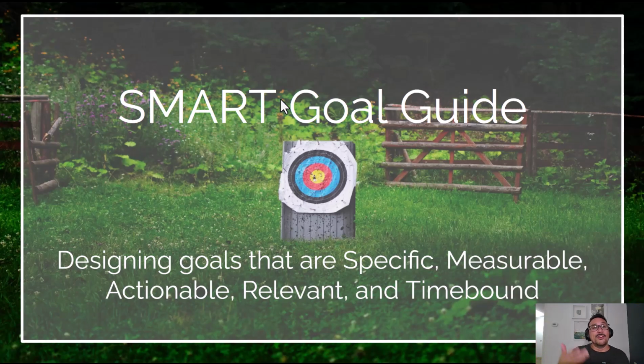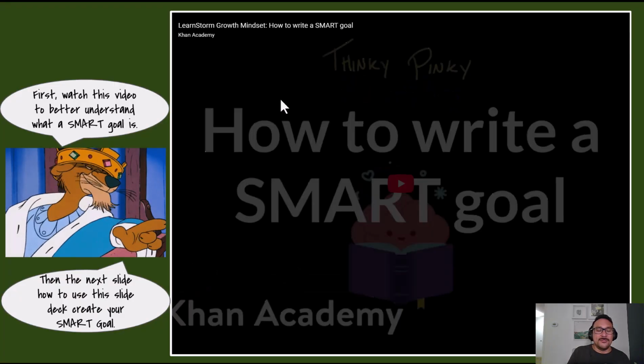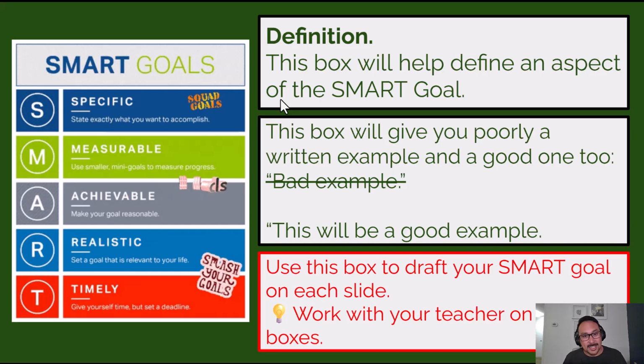So if you're not familiar with the SMART goal activity, simply it's a systematic method for designing goals. And this video here by Khan Academy explains the process, and then here is a link to a slide presentation where you develop this goal using this acronym so that it is specific, measurable, achievable, realistic, and timely.